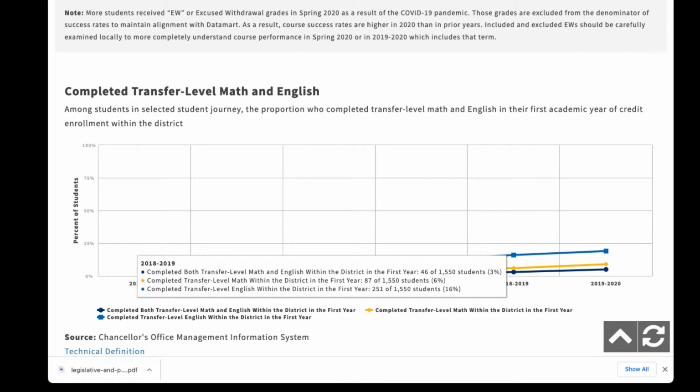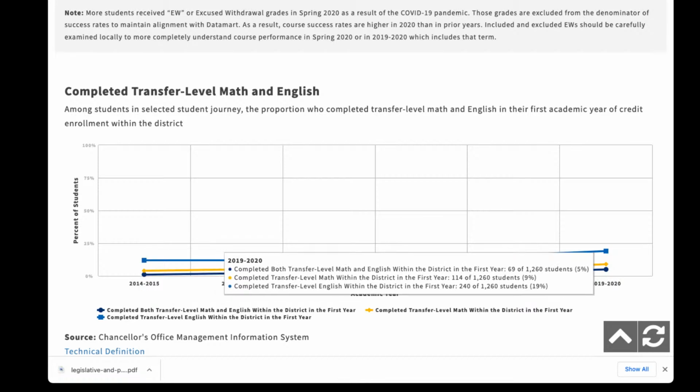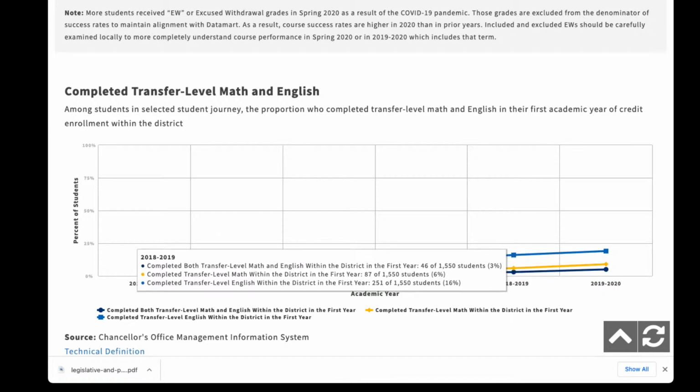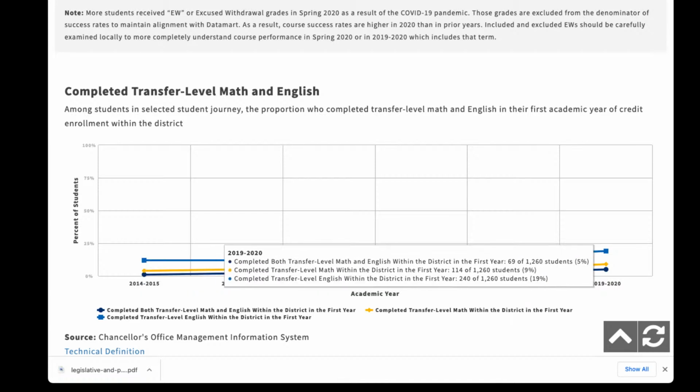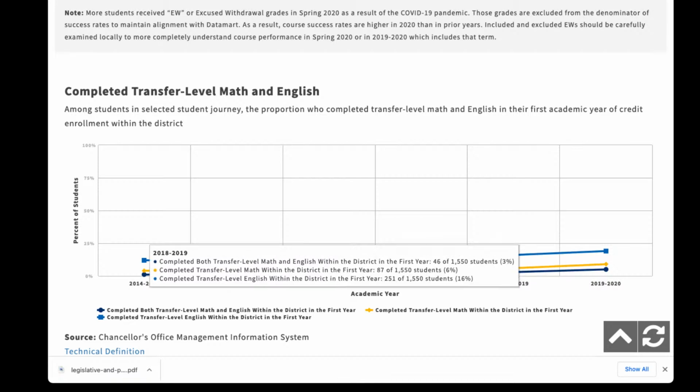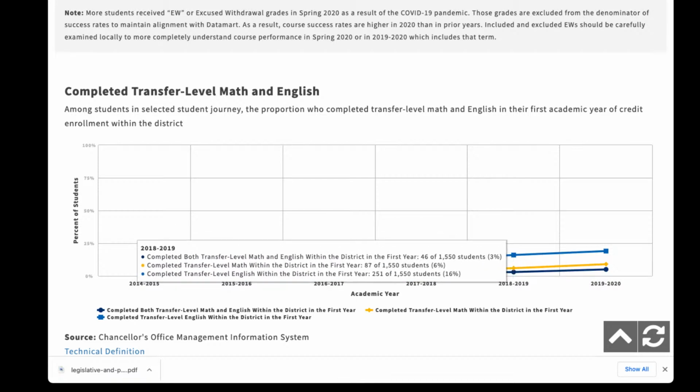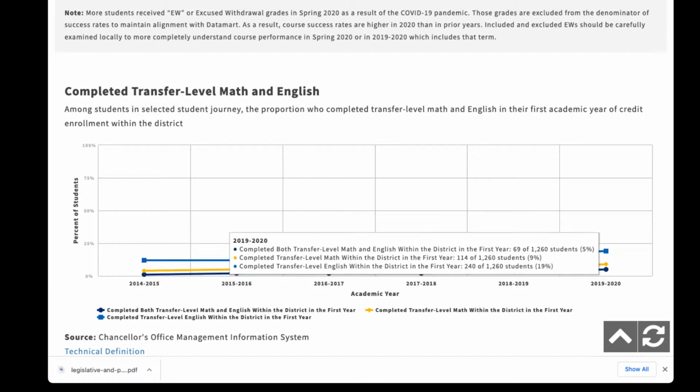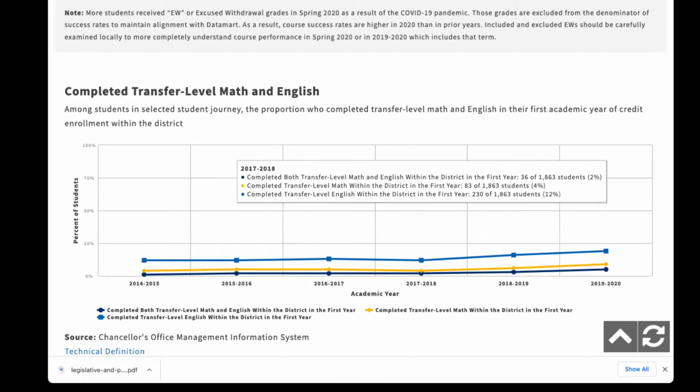English completed transfer level English in the first year went from 16% to 19%. That's a 3% increase. Math went from 6 to 9. Both went from 3% to 5%, so that's a 2% increase.